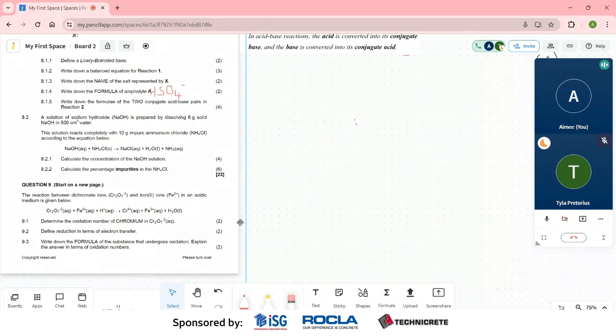So our equation is balanced because we have the same number of atoms on the left-hand side as we do on the right-hand side. So nothing further is needed for this equation, so we can use it as it is.